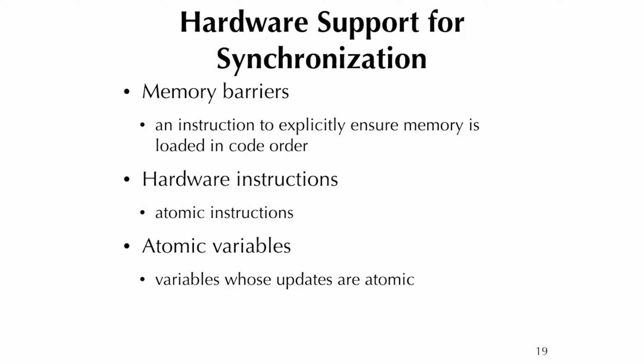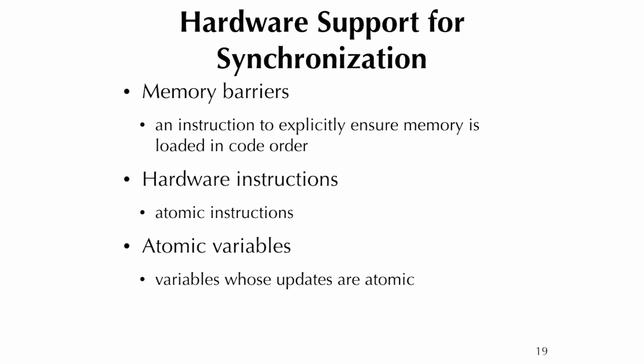So anyway, this support is not limited to the instruction set, but it's mostly in the instruction set. There's something called memory barriers. And what is it? Well, on a lot of processors, it's actually an instruction or an operation where you want to make sure the memory has been flushed so that the values in memory are in code order, the way you write it in your program, okay?